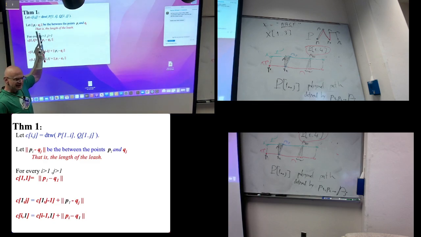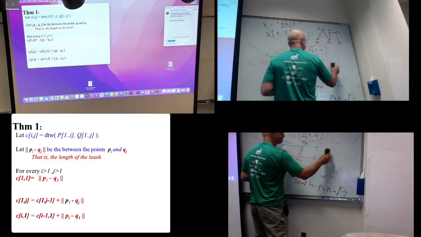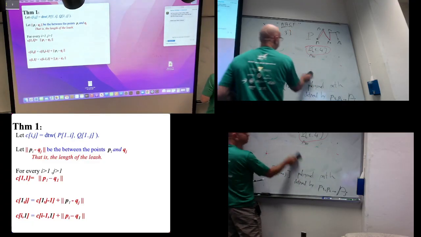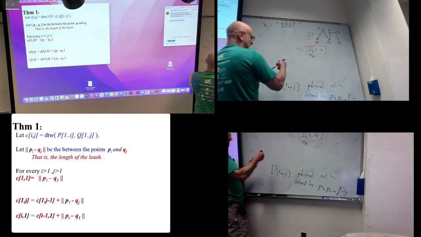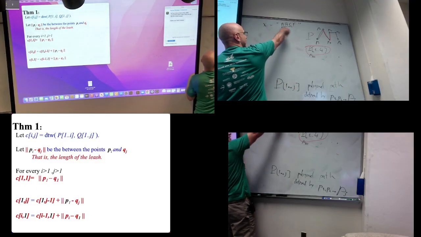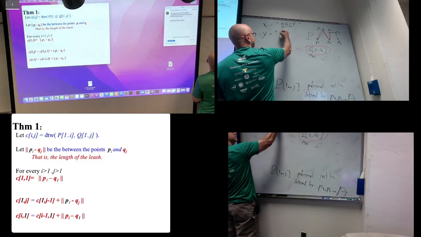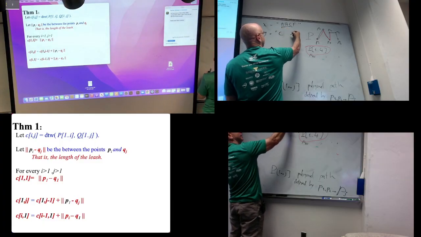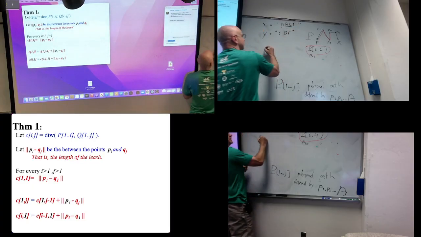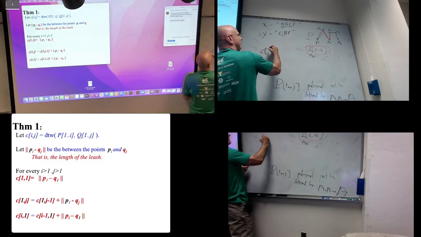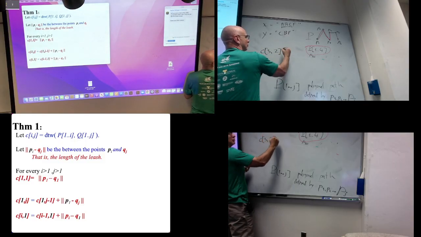What did we use C of ij for in the case of the LCS? If I have x, which was A, B, C, D, and y, which was C, B, and F, then C of 3,2 was what?